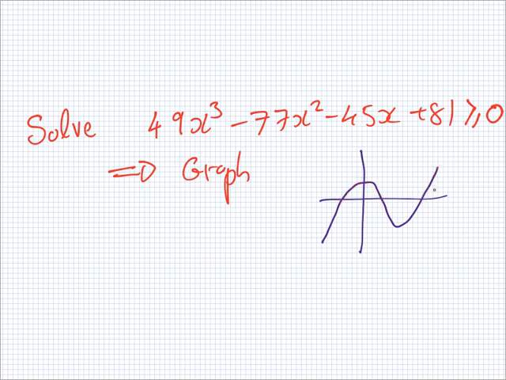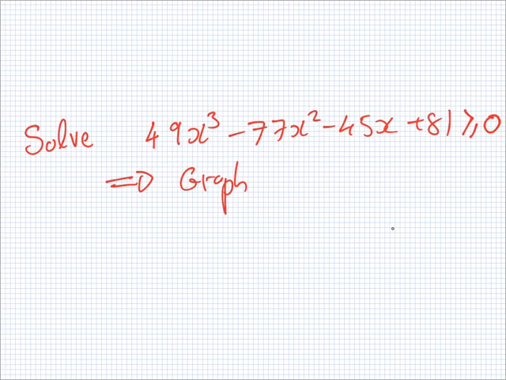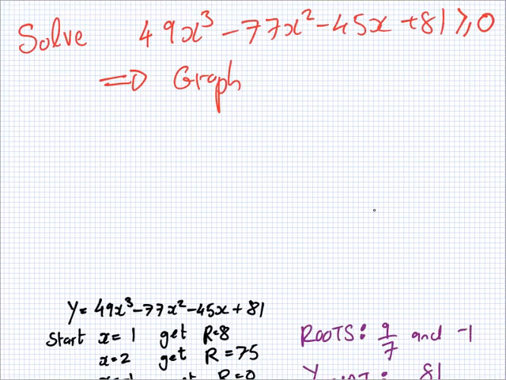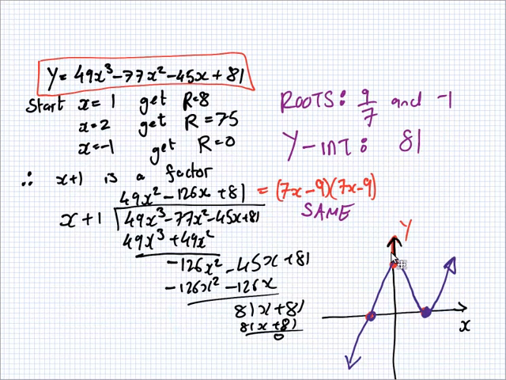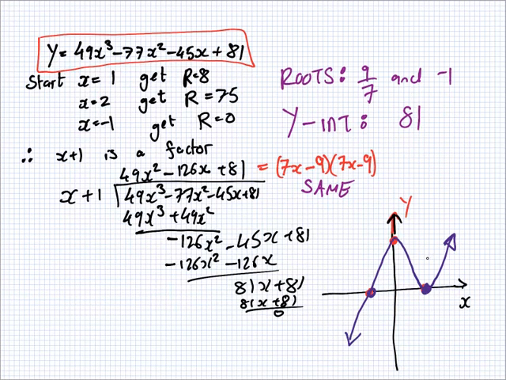Now actually, the reason I picked this question is because I've already drawn the graph as an example. I think this was my first example, or second example. I have the graph here already. So if I said, when is the cubic positive? Well, is it positive over here? No. It begins becoming positive here. For this value of x, your graph becomes positive. And it's still positive, still positive, still positive.